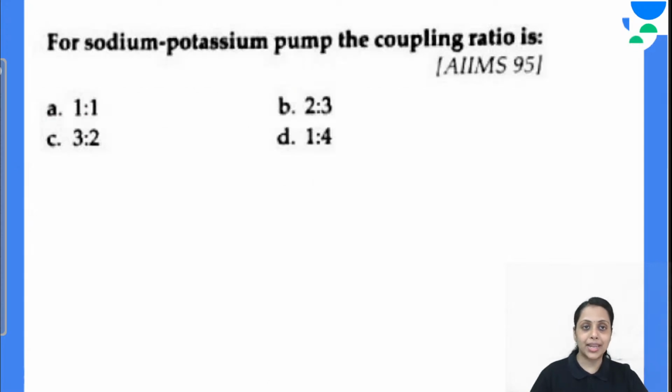Coming to the next one: sodium-potassium pump, the coupling ratio is 1 to 1, 2 to 3, 3 to 2, or 1 to 4. For the sodium-potassium pump, the coupling ratio is, everybody answer this question.